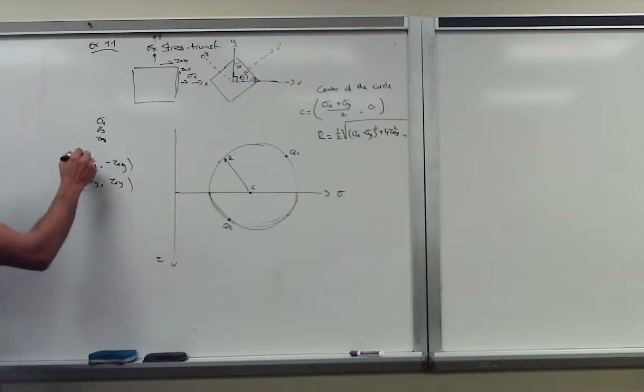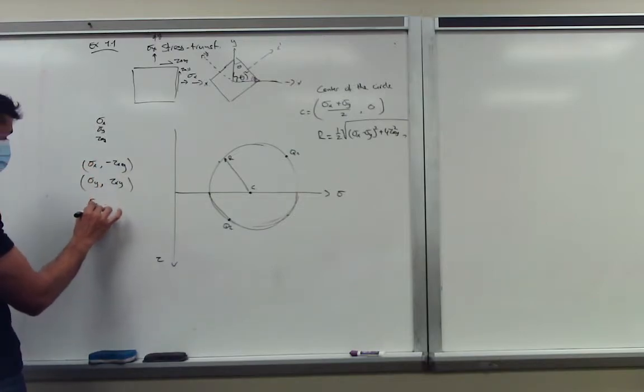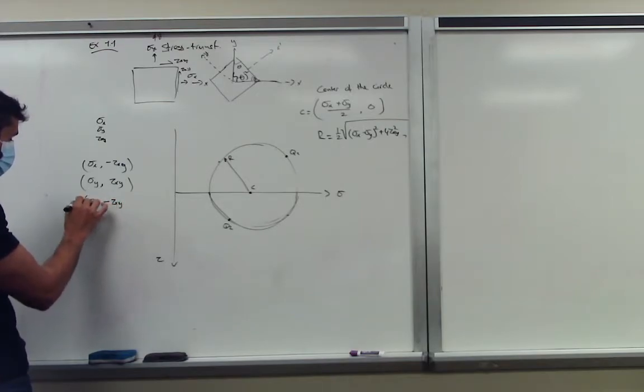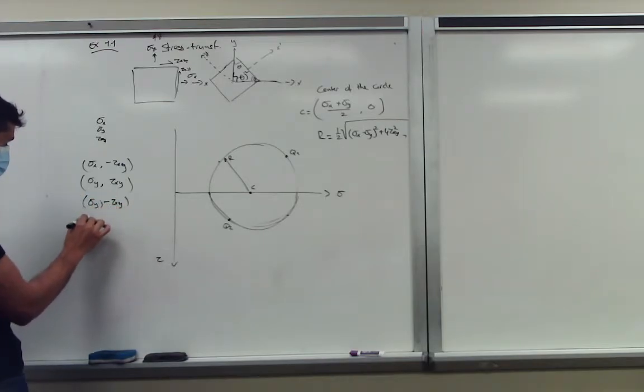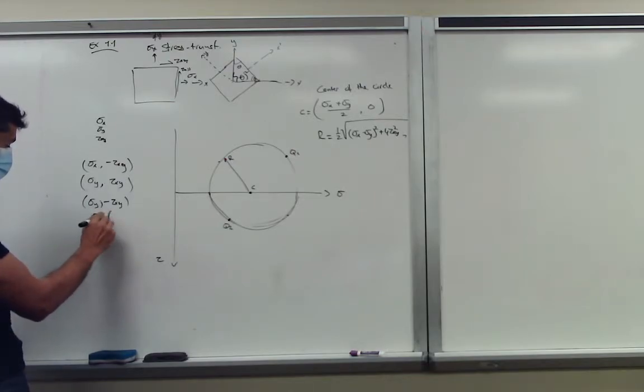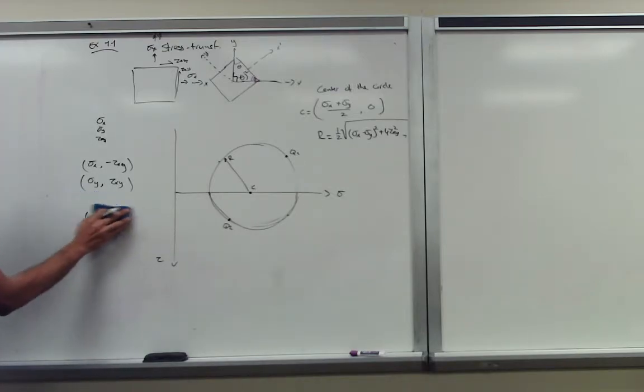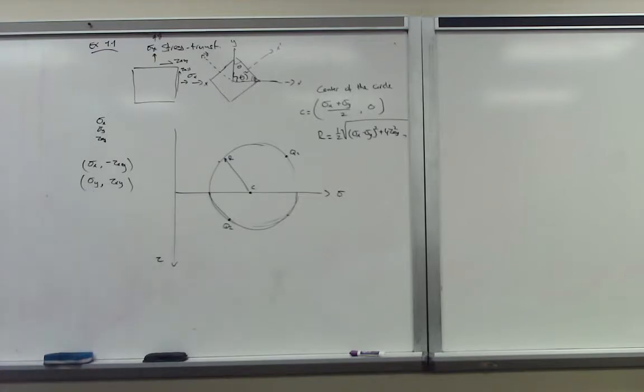You could literally say sigma y, minus tau x y, comma sigma x, comma tau x y. You still get the same principal values out of it. It's just convention to use these two, just like it's convention to draw it negative downwards. I don't even remember why it was negative downwards, but it's convention.